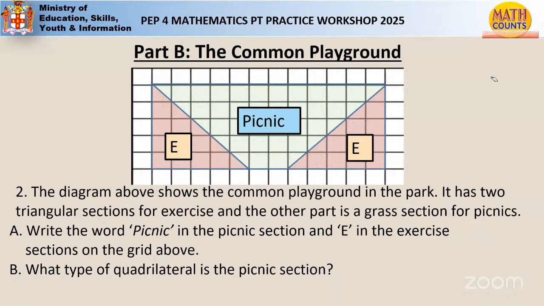Alston Primary, ready? Good morning. What type of quadrilateral is the picnic area? You ever seen anything like that before? No, miss. What do you think it is?